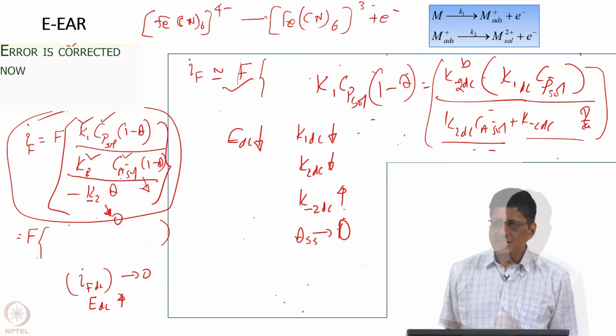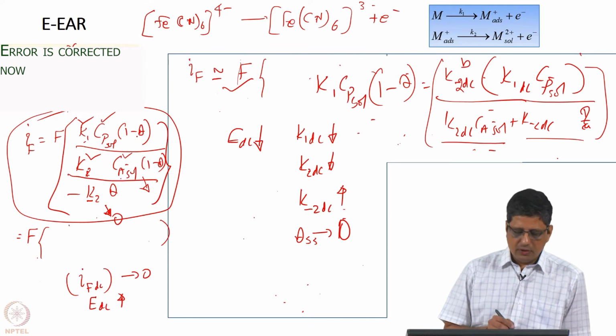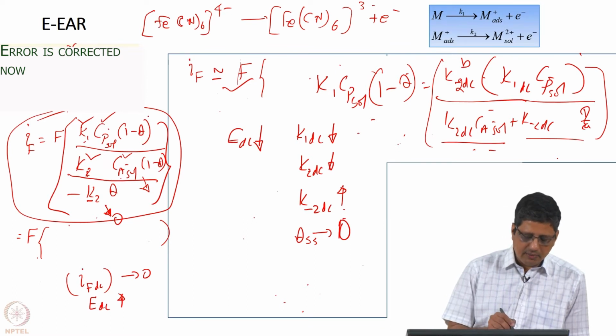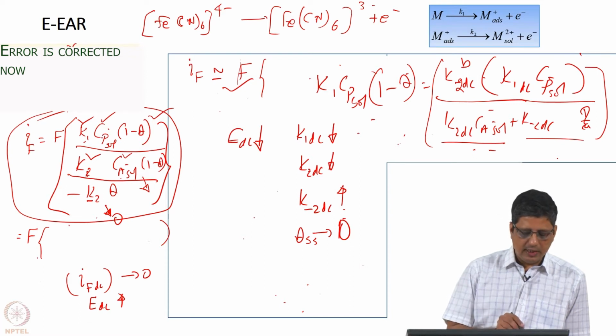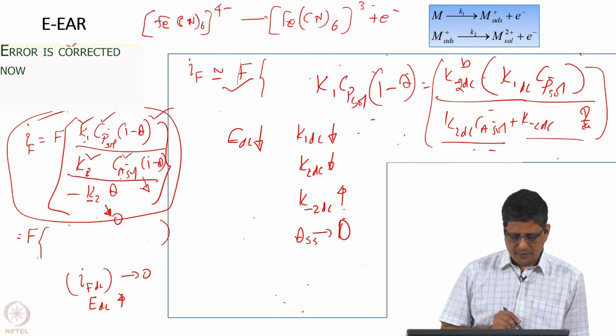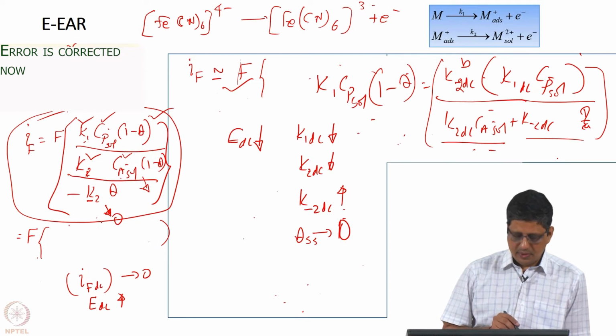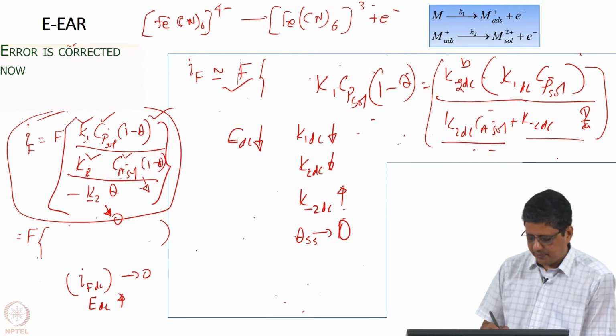Under those conditions, K1 decreases, theta will tend towards 0, and this is a constant. So, the first term will go towards 0. Because K1 is very low, and this is a constant that at the max will be 1, the first term goes to 0, and the second term also goes to 0. We have to look at the third term.